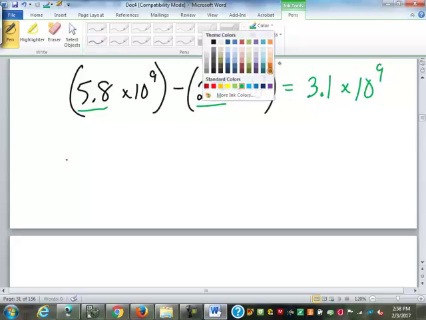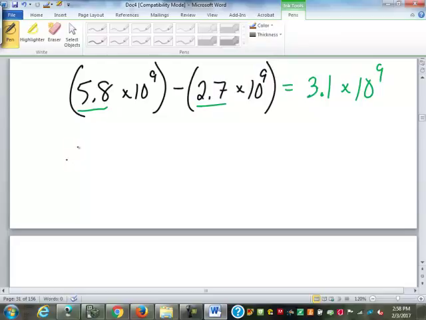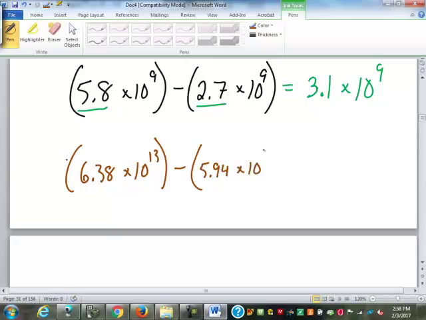Good. Well, what if I have 6.38 times 10 to the 13th minus 5.94 times 10 to the 13th. So I have the same name. I can go ahead and subtract.